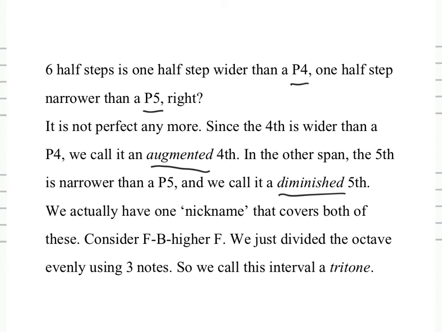So consider F to the B to the higher F. We just divided the octave evenly using 3 notes. Evenly meaning that this would be 6 half steps and this would be 6 half steps as well. So we call this interval, because it divides the octave into 3 notes, a tritone. And a tritone can be either an augmented fourth or a diminished fifth.